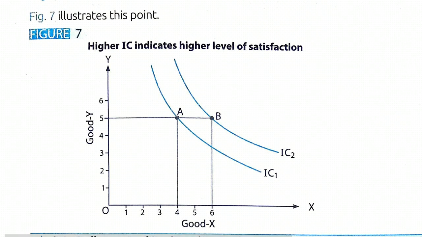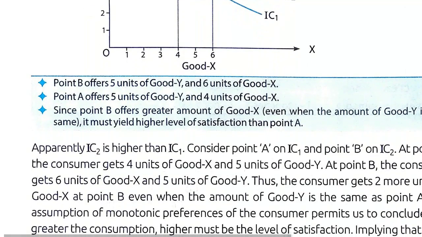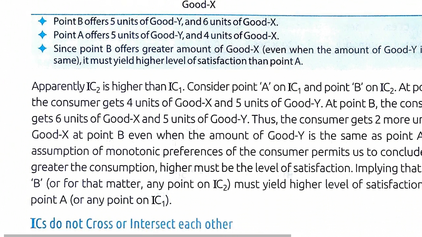Because the consumer is consuming more of good X. The consumption of good Y remains the same, but since the consumption of good X increases, ultimately the consumer is having more commodities, thus he is having more satisfaction at indifference curve 2. Point B offers 5 units of good Y and 6 of good X, and point A offers 5 units of good Y and 4 of good X.